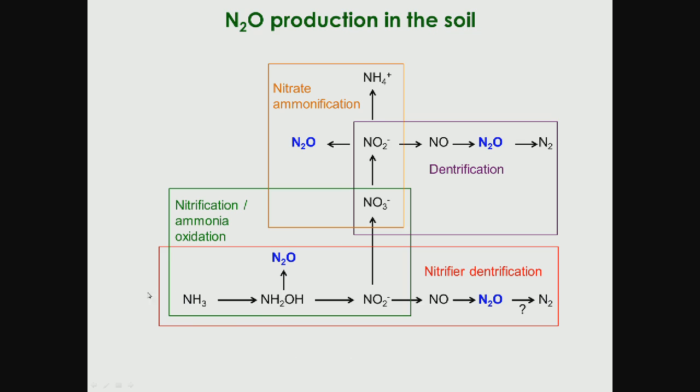And then finally we have this fourth reaction that's generated by a class of bacteria called nitrifiers, and these also have an alternative metabolism that can generate denitrification, again producing nitrous oxide emission, but under more aerobic conditions.